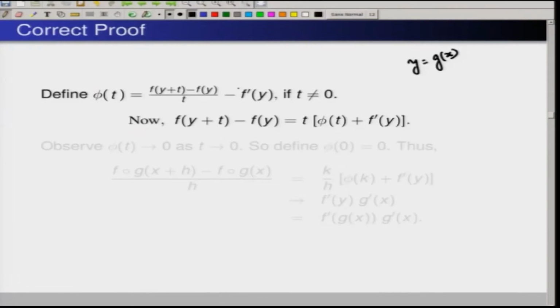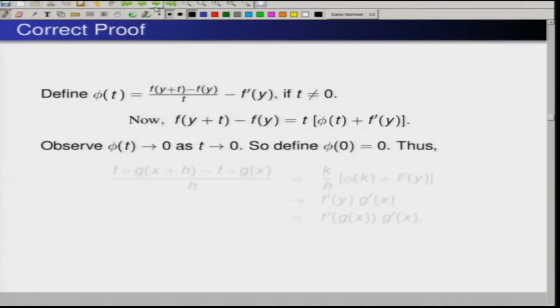Therefore f of y plus t minus f of y is equal to t times phi of t plus f prime of y multiplied by t. Now observe that when t goes to 0, the quotient goes to f prime of y, so phi of t goes to 0. So we can safely define phi of 0 equal to 0.